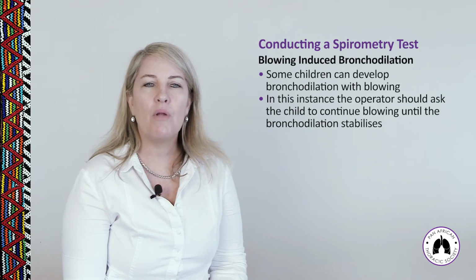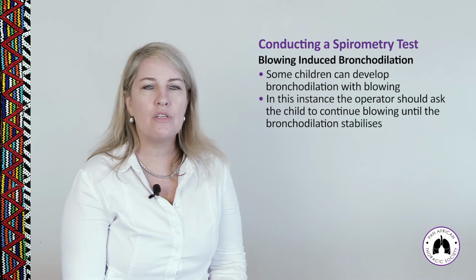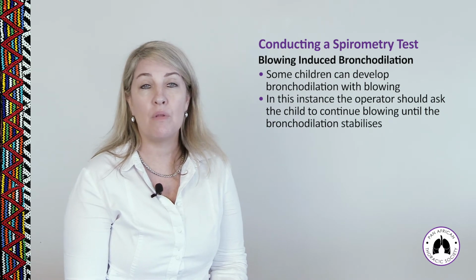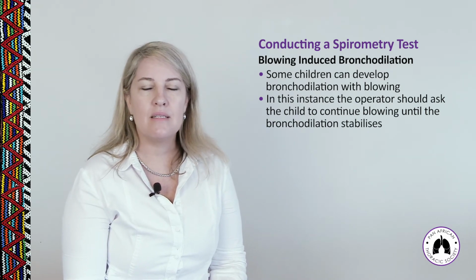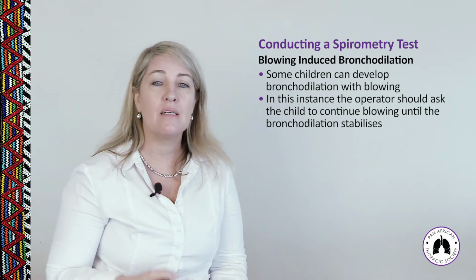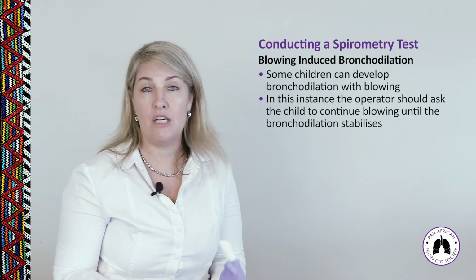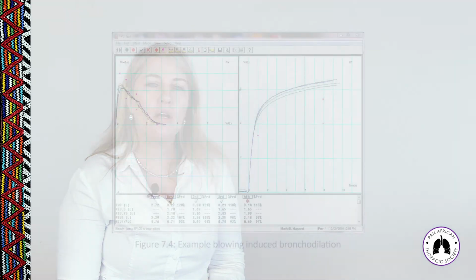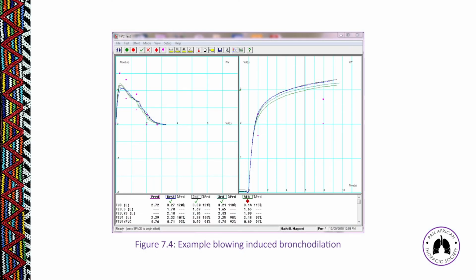All right, let's have a look at blowing-induced bronchodilation. So some children can develop bronchodilation with blowing, as I said. And in this instance, you need to keep on blowing until that child's bronchodilation stabilizes. So if you look at figure 7.4, this is an example of blowing-induced bronchodilation. And on this example, you'll see that the curves on the flow volume and the volume time graphs, and again, you can see it particularly on the volume time graph, they follow the same shape, but they get larger with each subsequent blow.